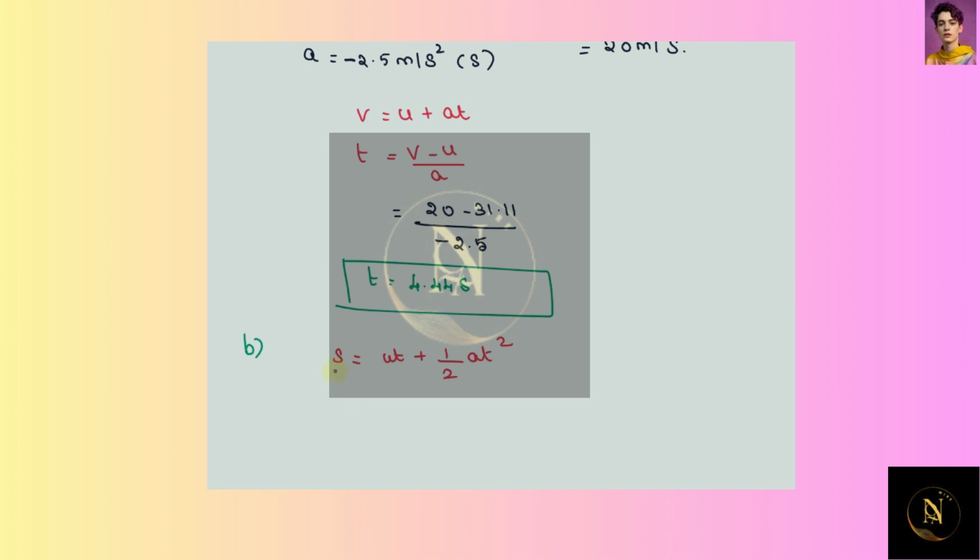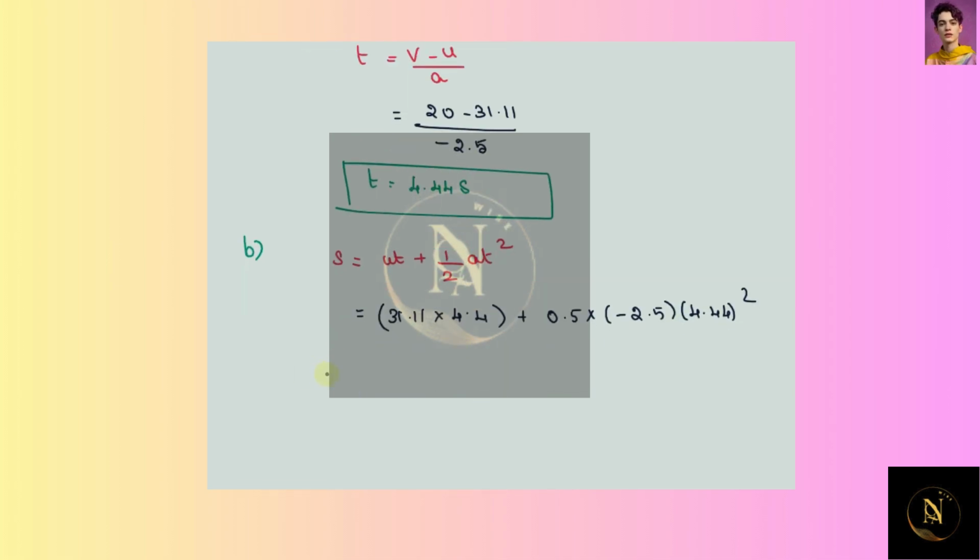Here s is what we have to calculate, which is the length of the train, and u is equal to 31.11 into 4.44 plus half into a is minus 2.5, the t is 4.44, the whole square, and this gives 138.12 minus 24.64. As a result, the length of the train will be 113.48 meter, which is the length we require.